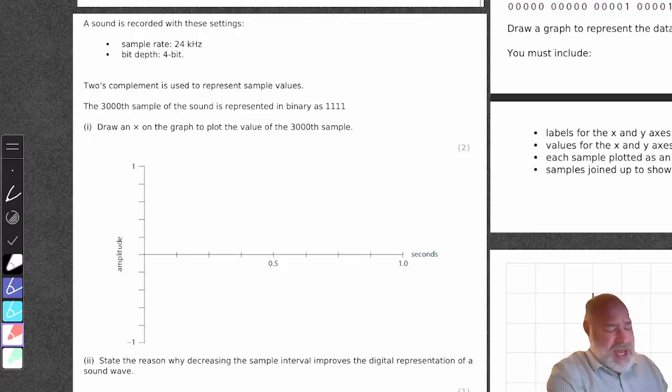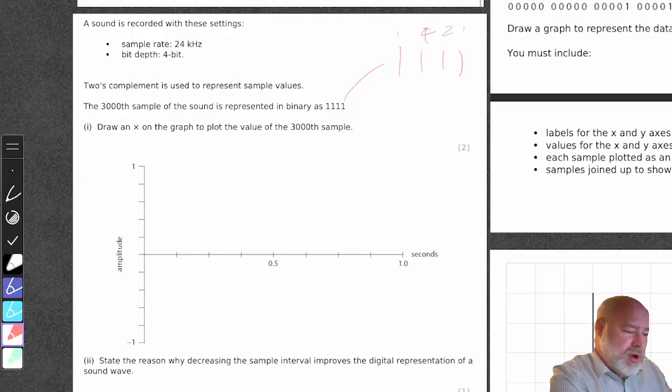Now, technically speaking, in Edexcel, you don't need to know about the size and magnitude of 2's complement and how the bits work and the most significant bit. But I think it's really difficult to answer questions like this and understand how 2's complement works without knowing what the most significant bit is. So I'm just going to expand on this. Right, it's saying that's in 2's complement. So normally that would be 1, 2, 4, and 8.